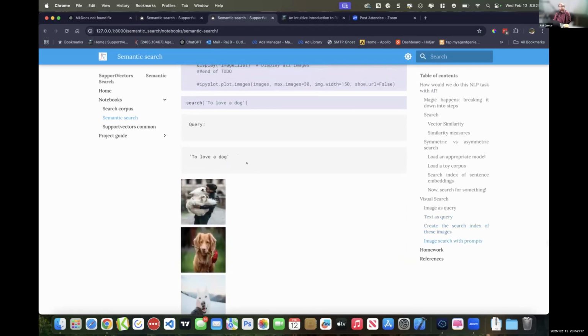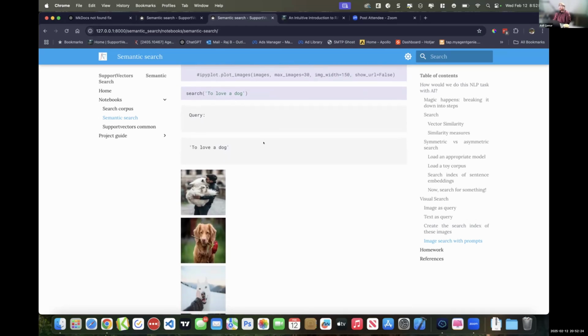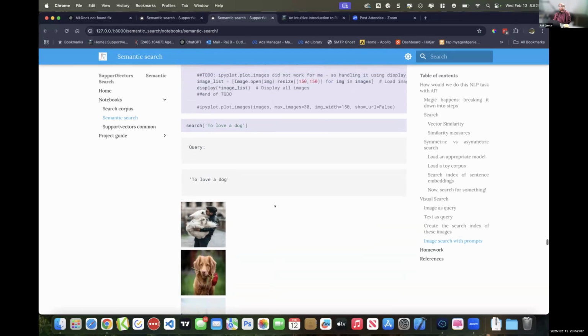So suppose you give it a query: to love an animal. What we did here is we took 25,000 images from Unsplash. Unsplash has royalty-free images, and there is an open source database of 25,000 random images. 25,000 is large enough to contain just about everything you may imagine.